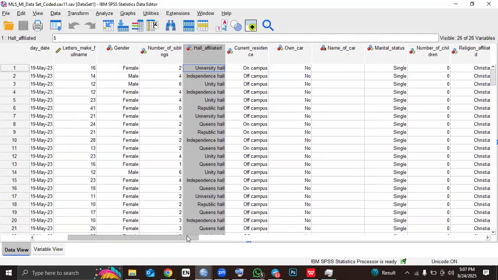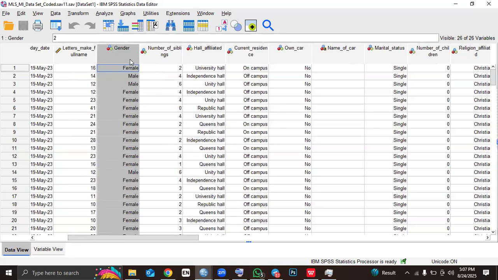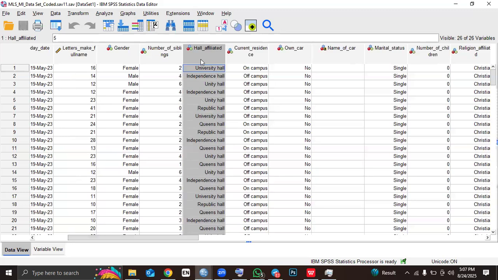Assuming we wanted to test whether a variable like gender has any association with hall of affiliation. Maybe you want to know if there's any significant relationship between gender and hall of affiliation.